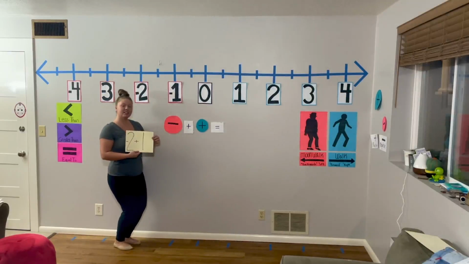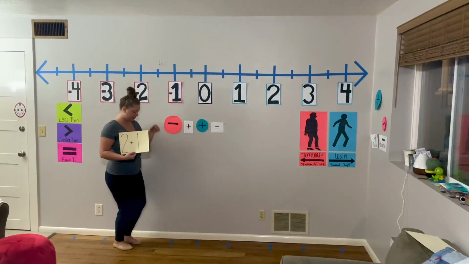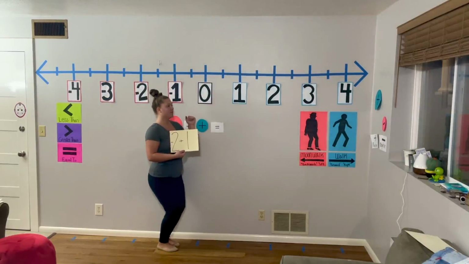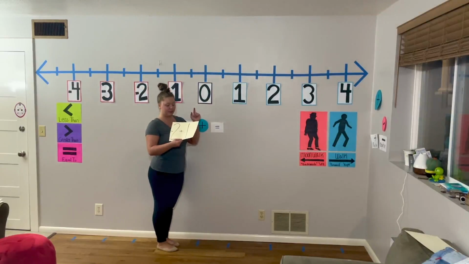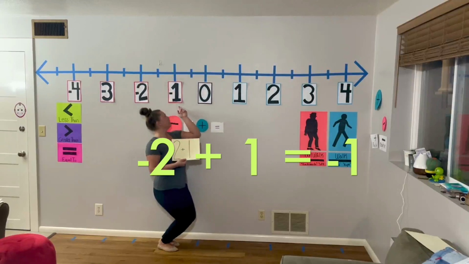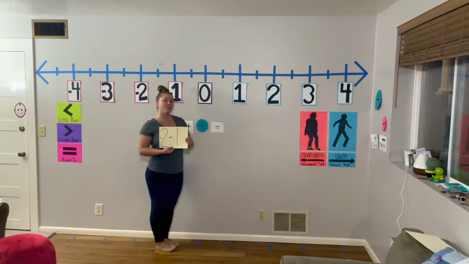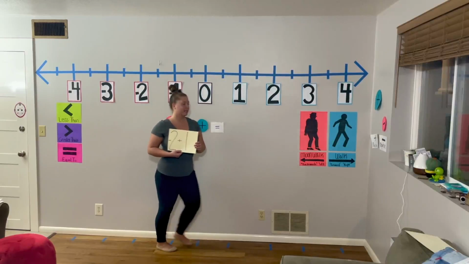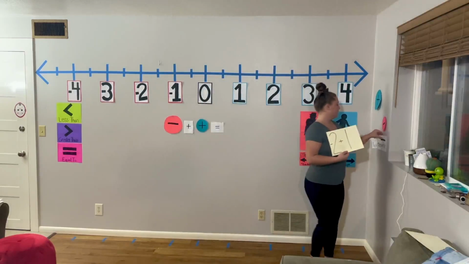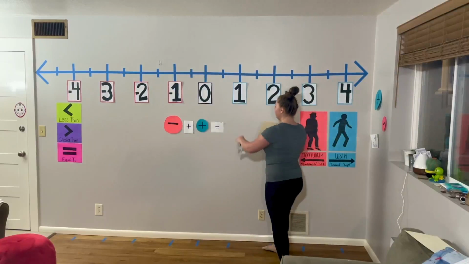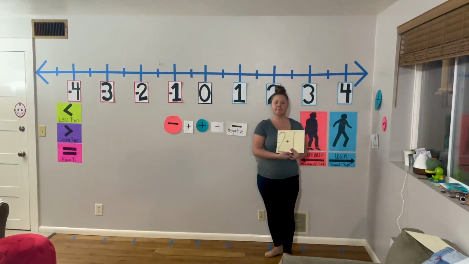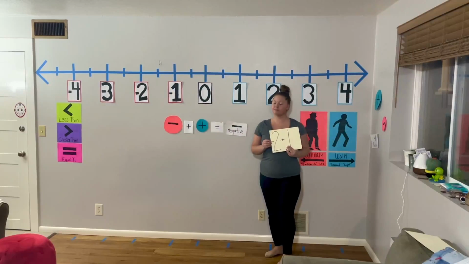And we're adding a positive 1, so that's just a step forwards. Here we are. Negative 2 plus 1 makes negative 1. Another negative answer. So when your negative is bigger, you're going to have a negative answer.